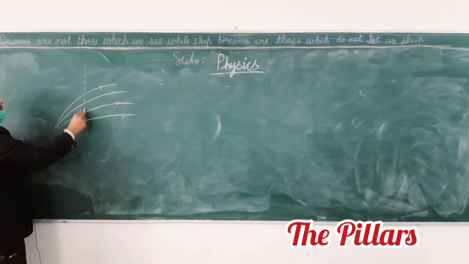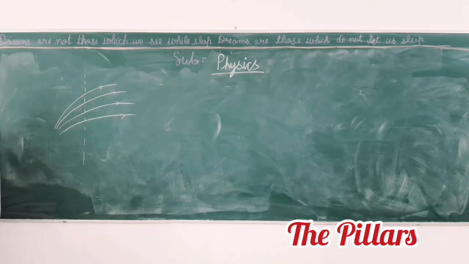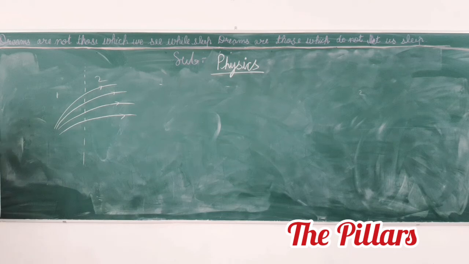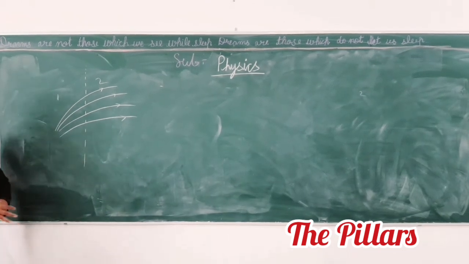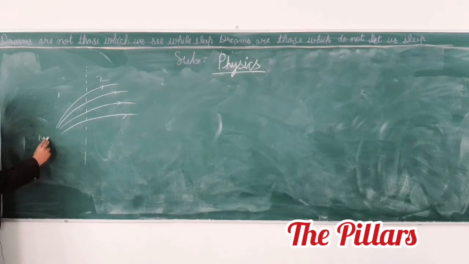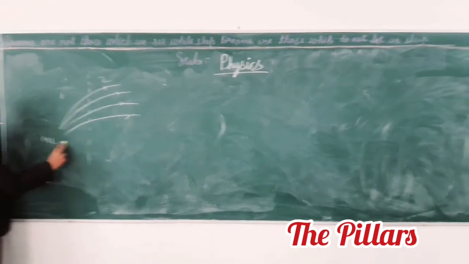About to close, sir. Okay, see. This is region 1 and this is region 2. If I ask where the magnetic field is more, what will be your answer? First. Sure? Yes, sir. Because here the magnetic lines are very close.